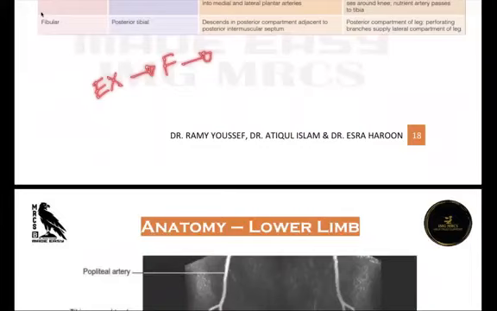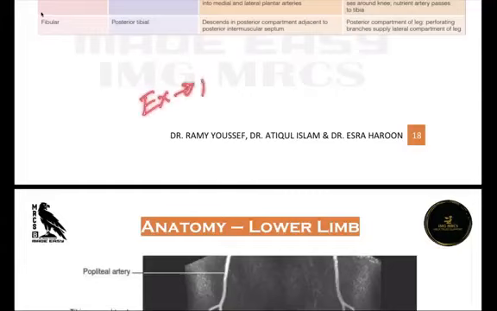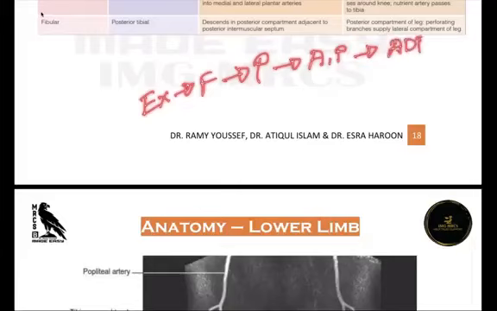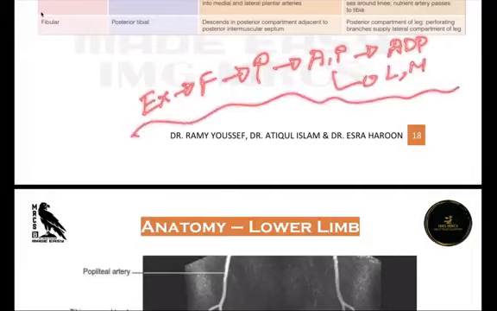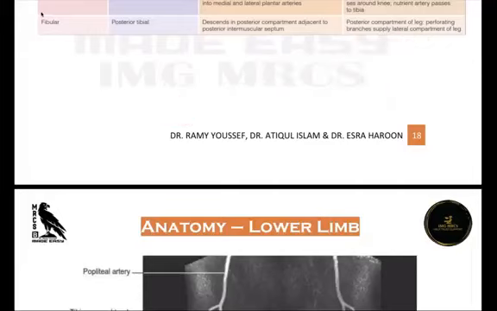No, from the femoral there are some branches as well, like the profunda femoris artery. Okay, from the femoral you are going to have the popliteal. Yes, you are right. Then from the popliteal you are going to have the anterior tibial and the posterior tibial. And the anterior tibial will give the dorsalis pedis, the lateral and the medial one.